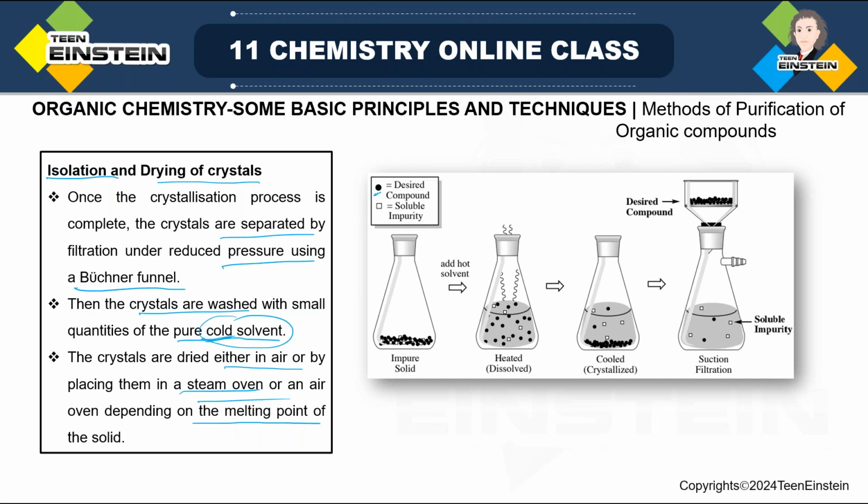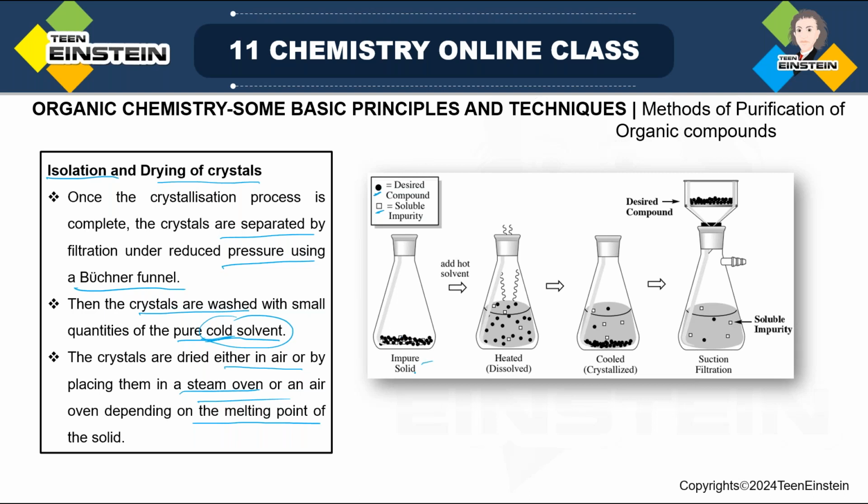See, suppose this is the desired compound, the black dot sign, and the square sign is the soluble impurity. Because if the impurity is insoluble, then it will be an easy thing for us, because at the first step you can do the filtration. But when the impurity is soluble, then this question arises.